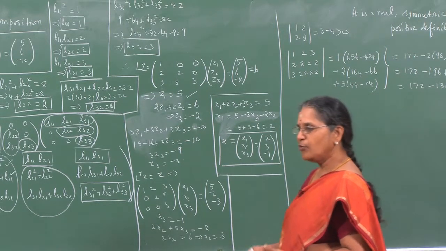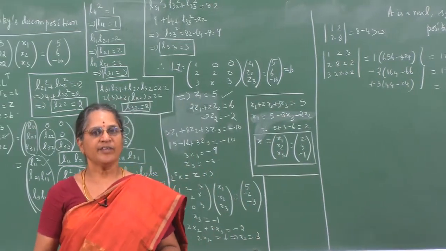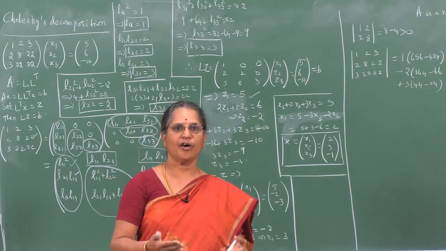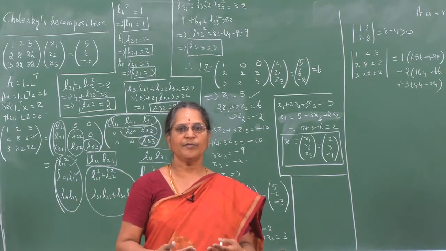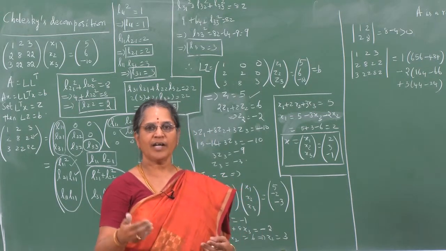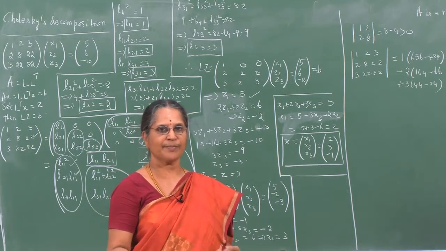So, we now know how to solve a system of equations by decomposition methods, namely factoring A in the form L into U with appropriate L and U depending upon what decomposition method we want to use to solve the system.